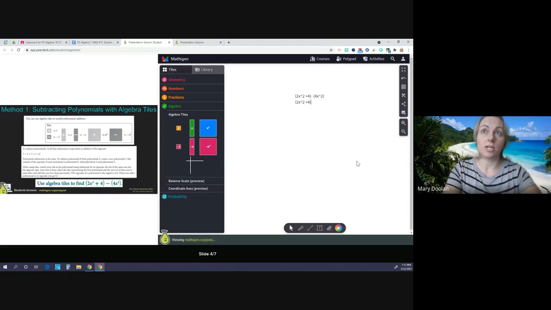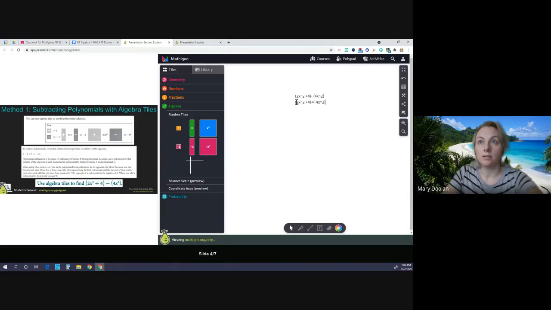I didn't change anything on the first polynomial. 2x squared plus 4 is a binomial, has two terms, and stays exactly the same. But I am going to change it to adding the opposite. So instead of minus, I'm going to have plus, and instead of positive 4x squared, we're going to have negative 4x to the second power. So I changed it to adding the opposite.